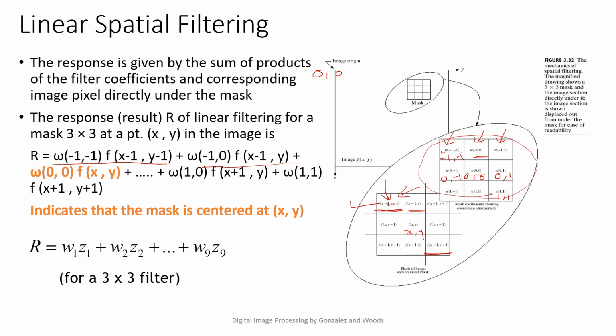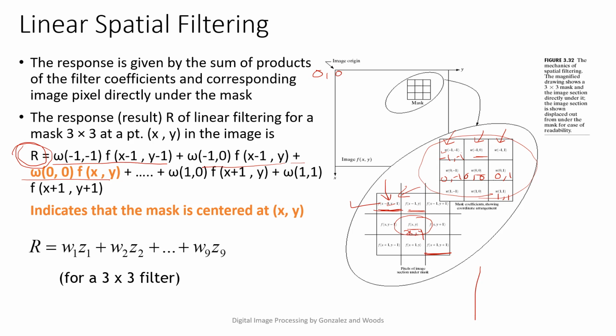W00, it's the center element, into f of xy, and so on. You will do this for all 9 elements, and whatever value you get, you are going to write at the center. So to find out the center element, you are going to apply the convolution.